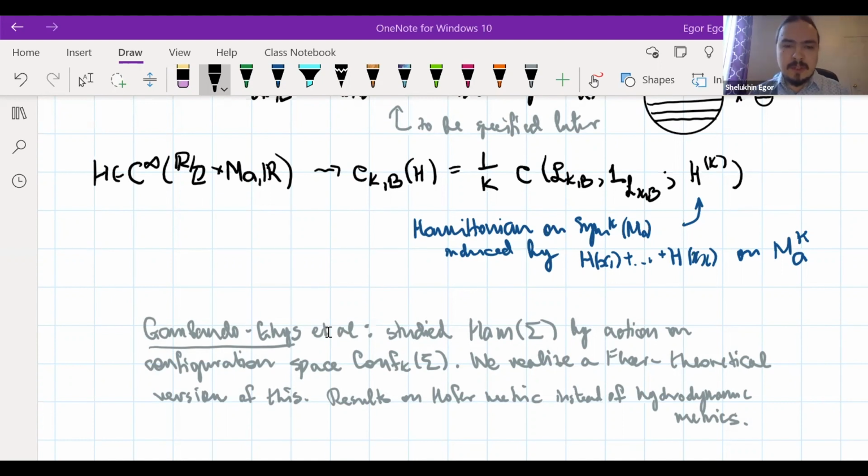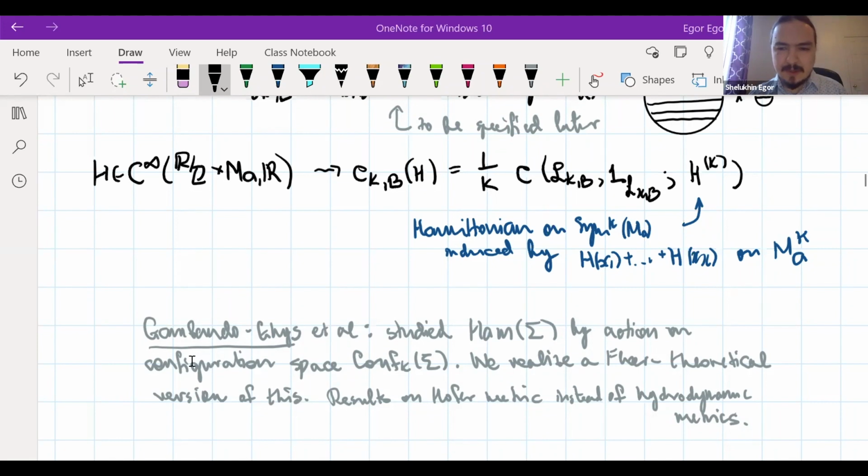In particular, for a surface, one can think of the symmetric kth product as a certain compactification of the configuration space. Okay. And so since we have a Floer theoretical version, we get results on the Hofer metric instead of hydrodynamic metrics that can measure L^p norms of the vector field.